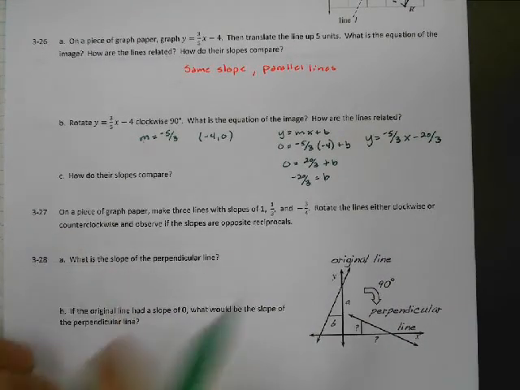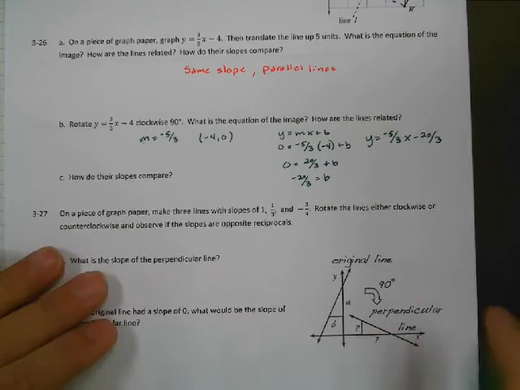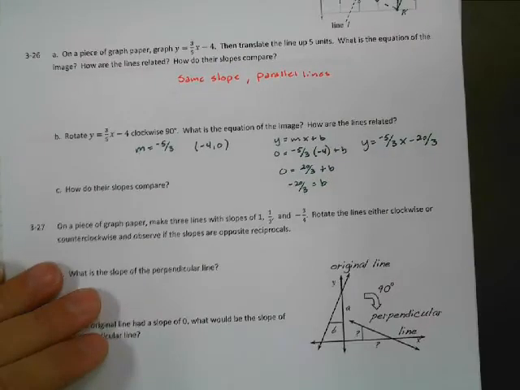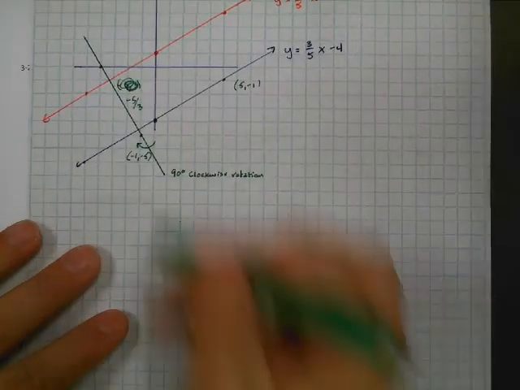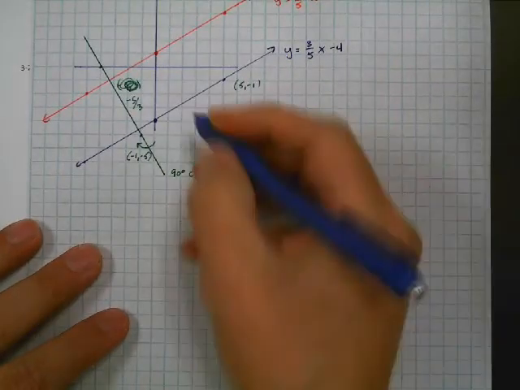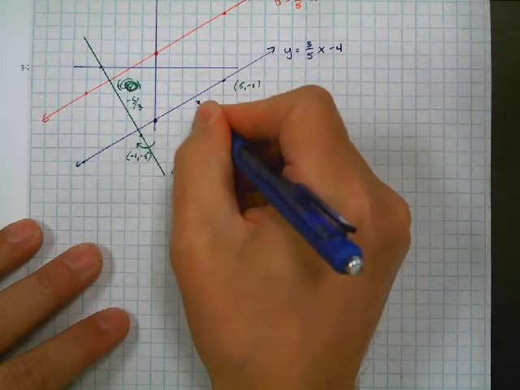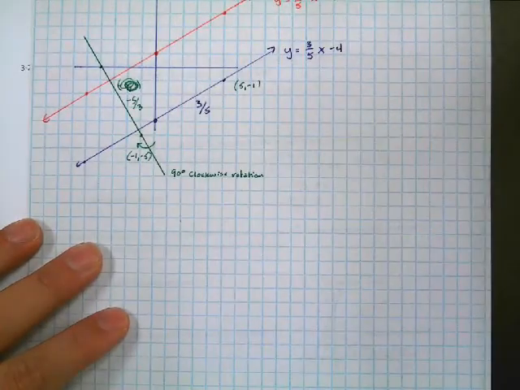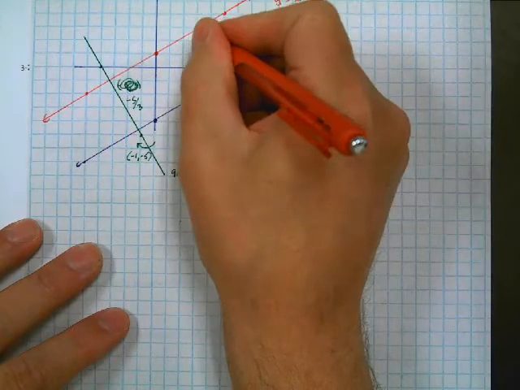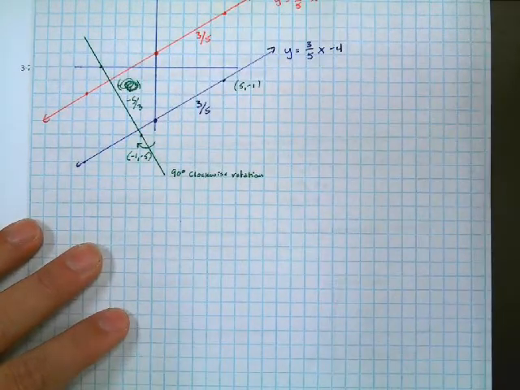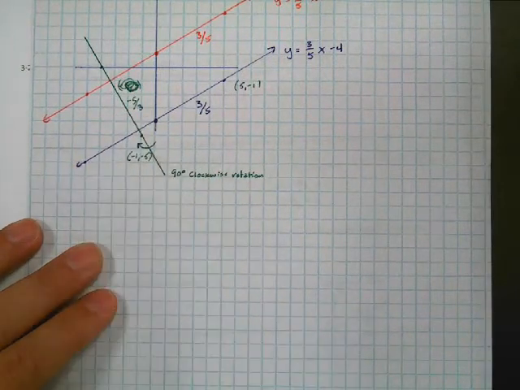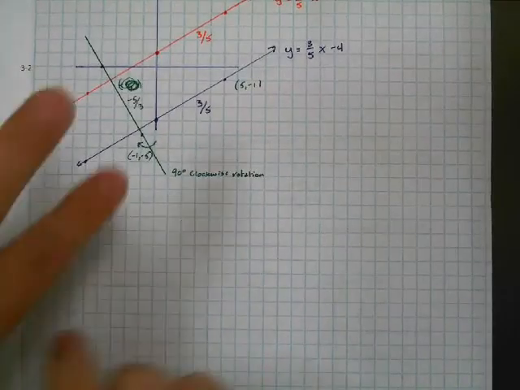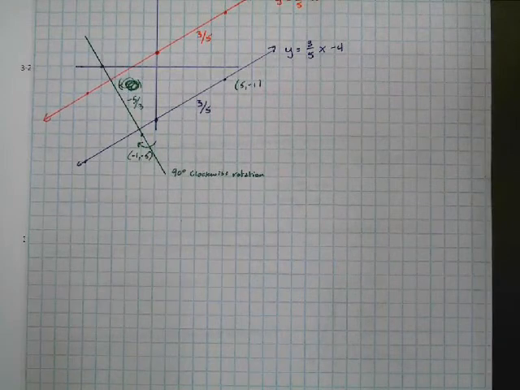We'll get there. All right, so how do the slopes compare? Well, we know that our slope of our new rotated line is -5/3. We knew that this line was 3/5, and we knew that the other line up there was parallel, and it was also 3/5. So what we see here is we got 3/5 and -5/3. It looks like the x's and the y's have switched places, and one's become positive and one's become negative.